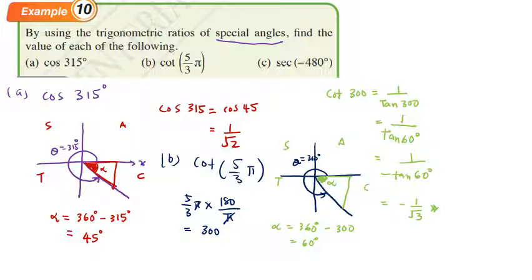Alright, okay. So we go for number C, the last example before I stop. Question number C, secant negative 480.